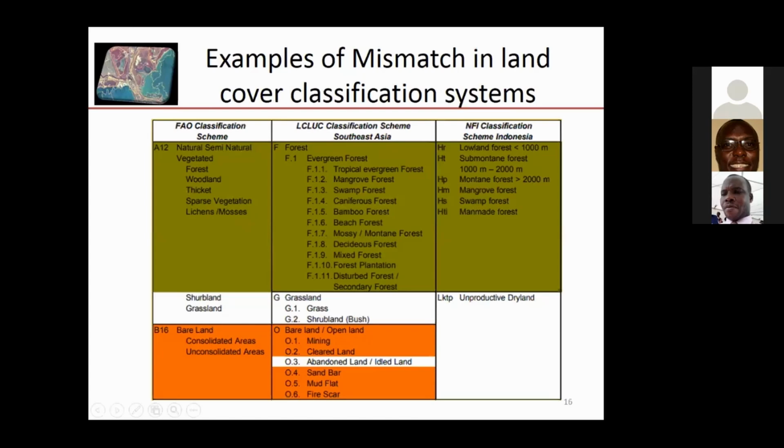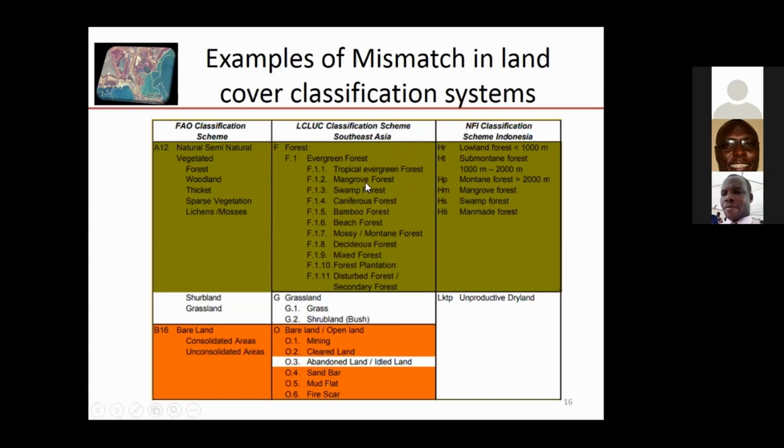For example, the FAO land cover classification scheme just has natural or semi-natural vegetated areas. But when you get to the land cover classification system for Southeast Asia, you realize forest has been defined in much more detail. Then when you get to this other classification system for Indonesia, you realize it actually defines forest in a different way.